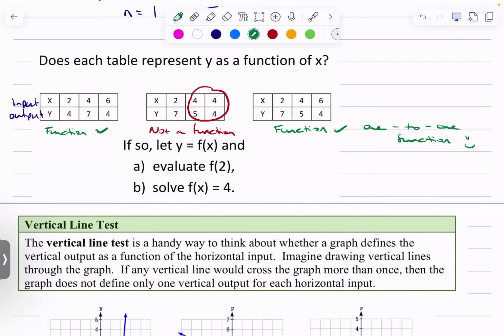So over here, I'll do part A, f of 2. If I give an input of 2, I get an output of 4. And I want to solve f of x is equal to 4. If I have an output of 4, there are 2 possible inputs that make that happen. So x is either 2 or 6.